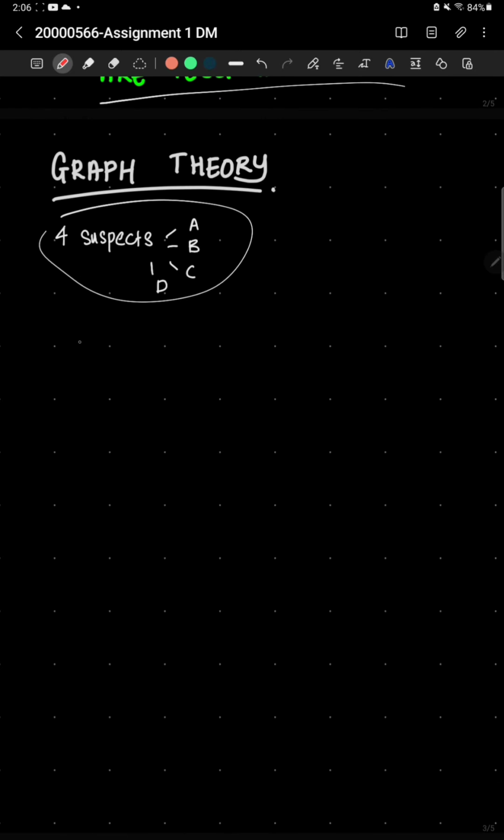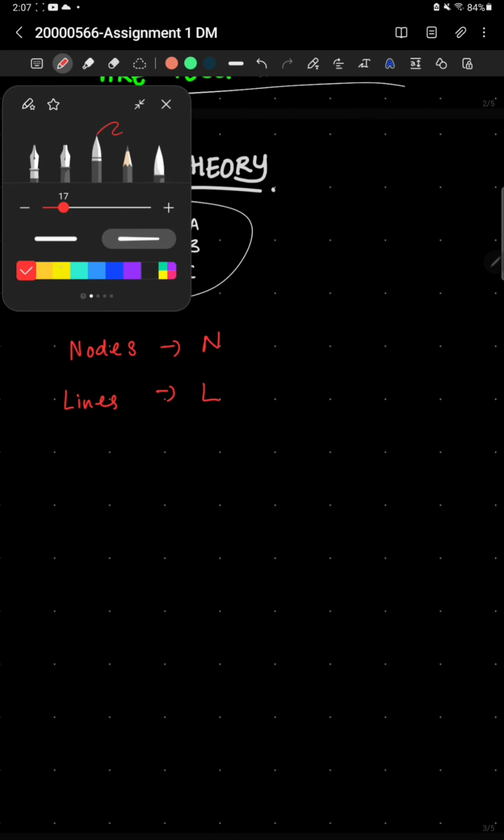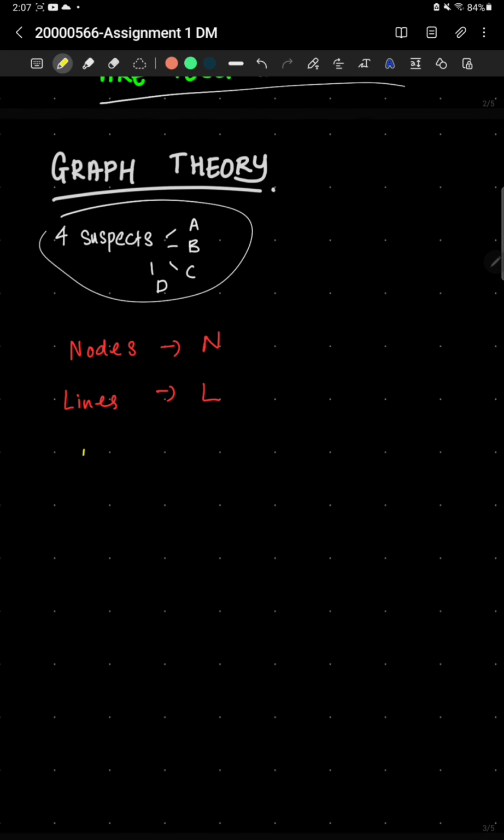Since we have vertices or nodes, I denote nodes as n, and edges or lines I denote as L. Let me change color first to make it easier to see. So my n nodes are A, B, C, and D.